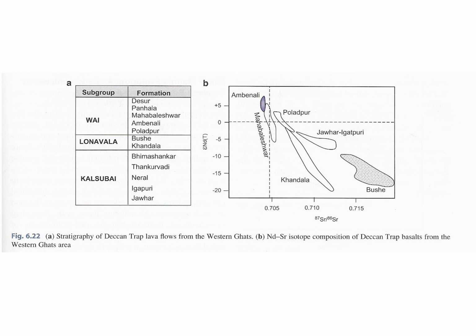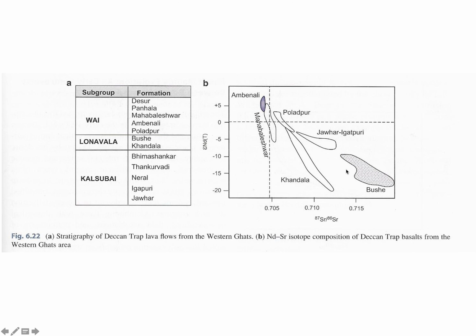Then we have the subgroup Lonavala with the Bushe and the Khandala. And we have the subgroup Kalsubai with Bhimashankar, Thakurvadi, Neral, Igatpuri and Jawhar. And then you can see already how different they are.